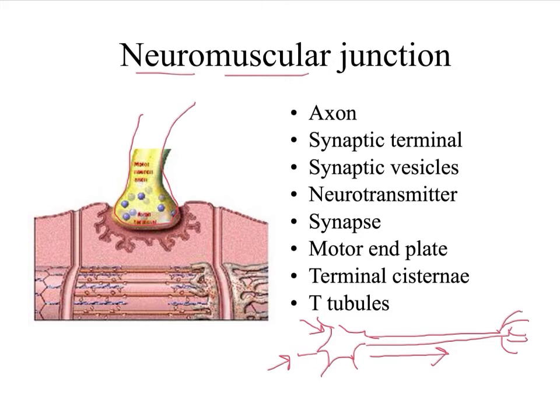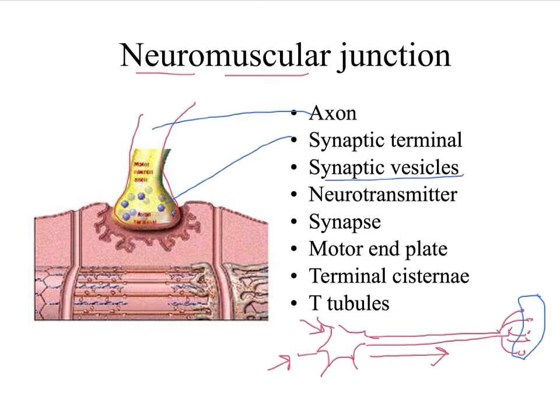But at the very end of this, you have what they call synaptic terminals. So this is the part that we have to worry about right now to be able to understand what we're looking at. The axon is this part right here. The synaptic terminal is this little bulb, and it contains synaptic vesicles.